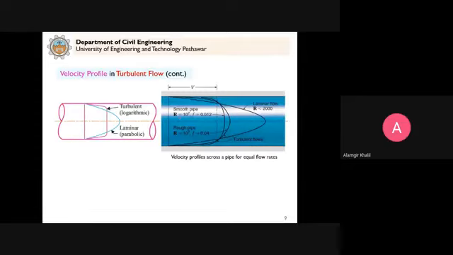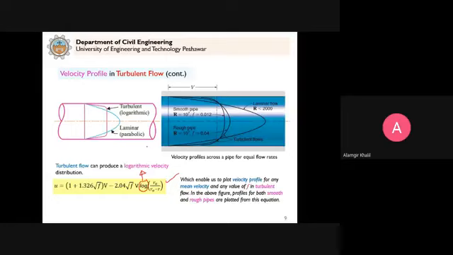Then we discussed the velocity profile in turbulent flow. In that case we studied that in turbulent flow, the velocity profile can be represented by a logarithmic velocity profile, because you can see the log here.